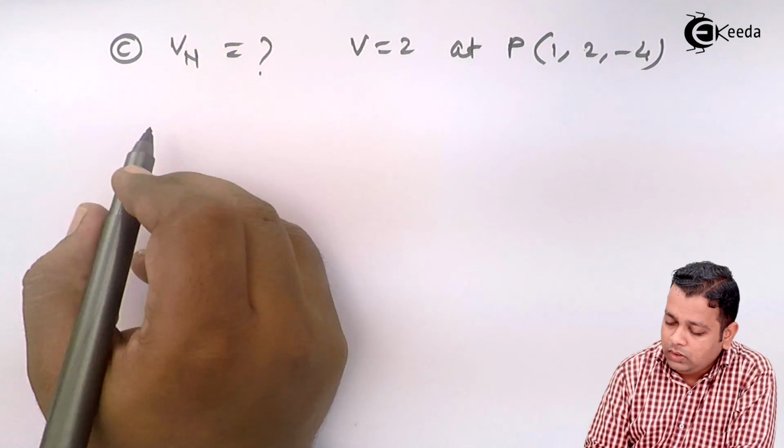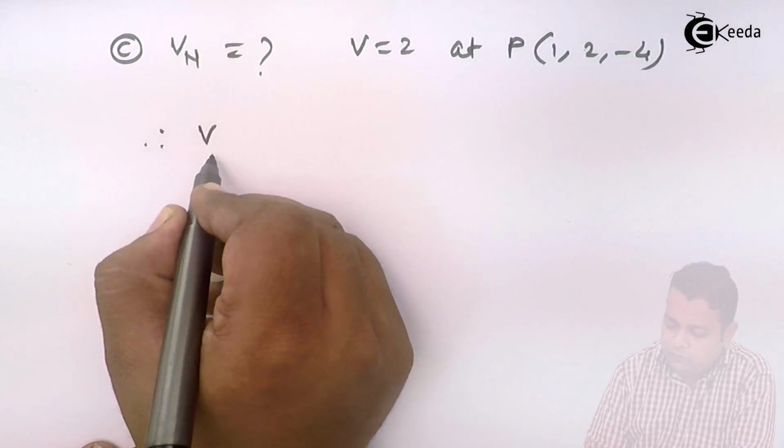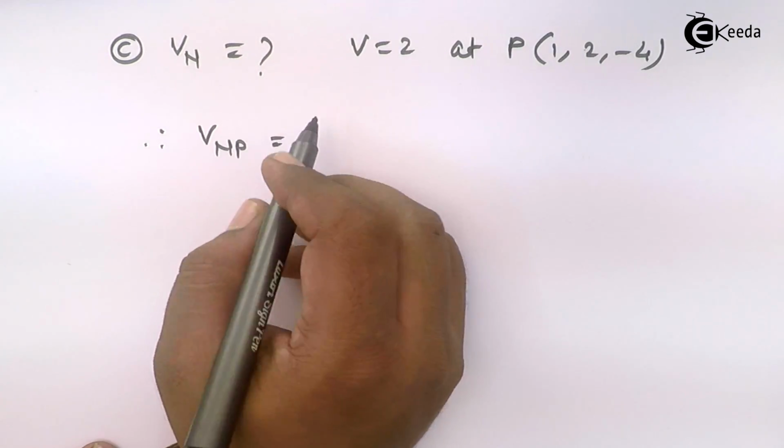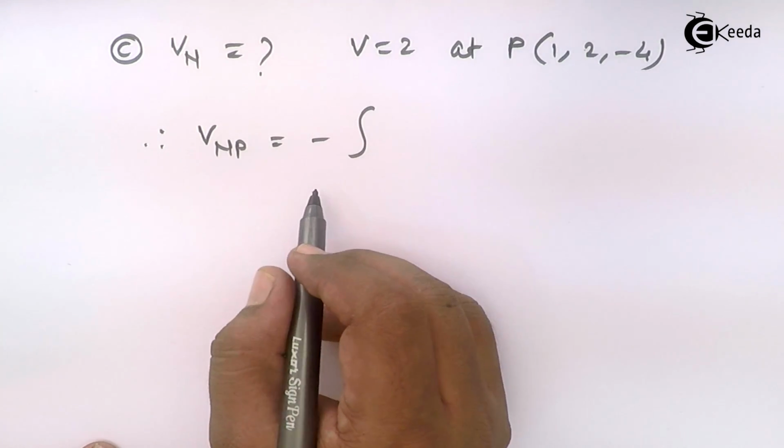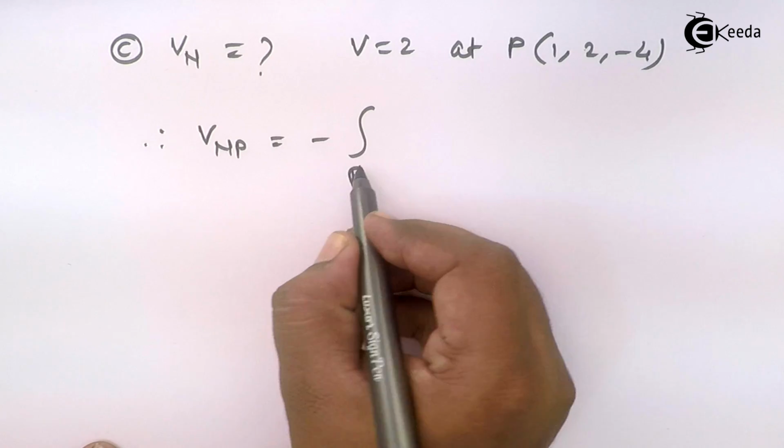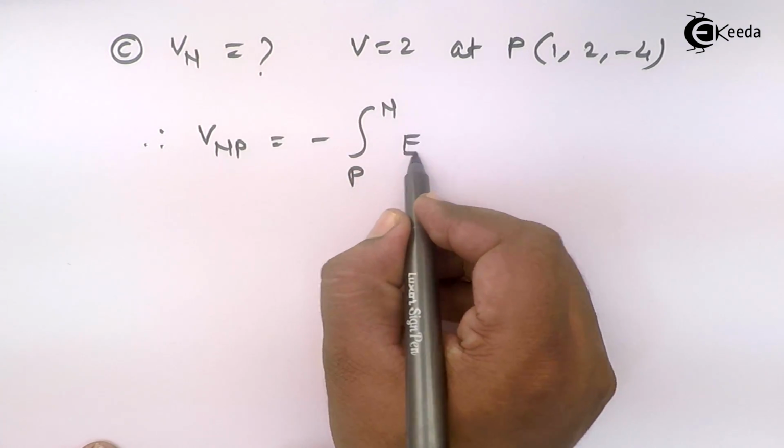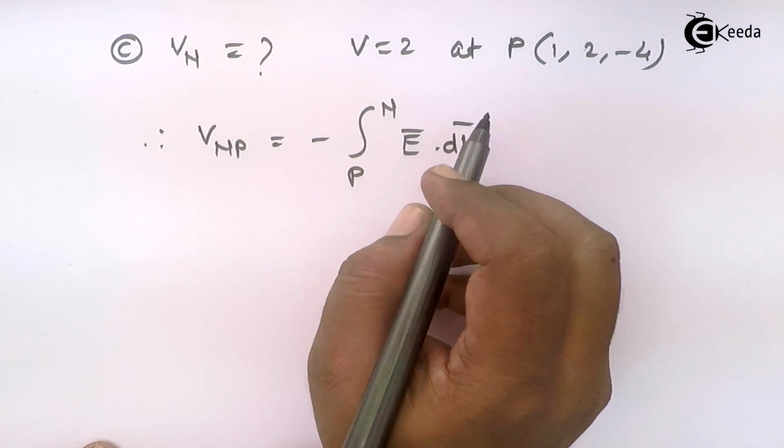Now we shall be writing V suffix NP, the potential difference. We shall be having the formula from P to N, it will be E bar dot dl bar.